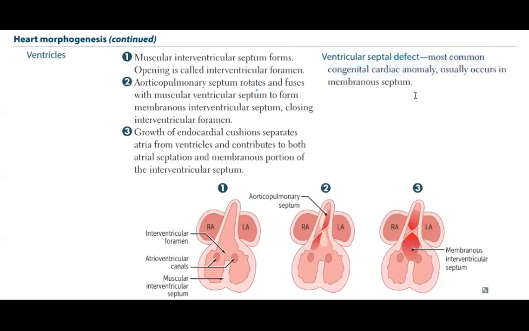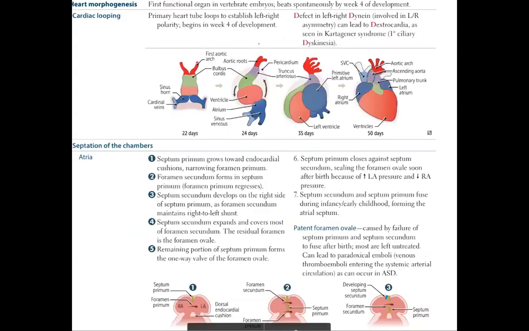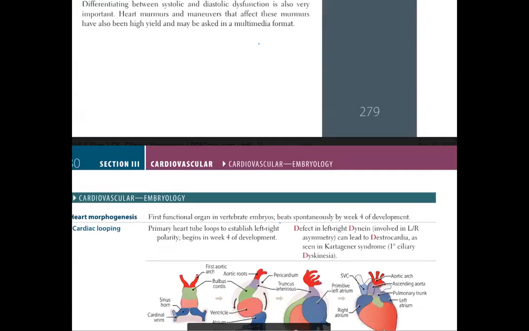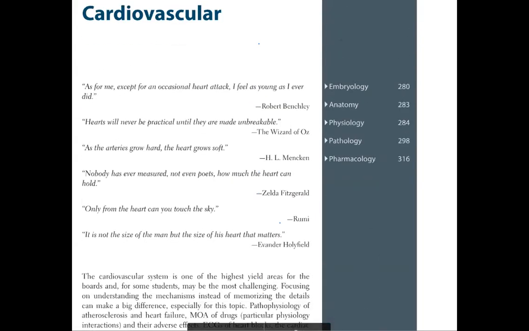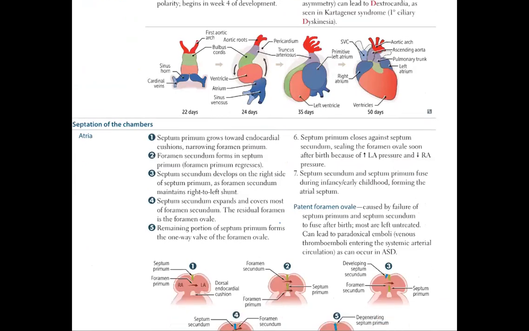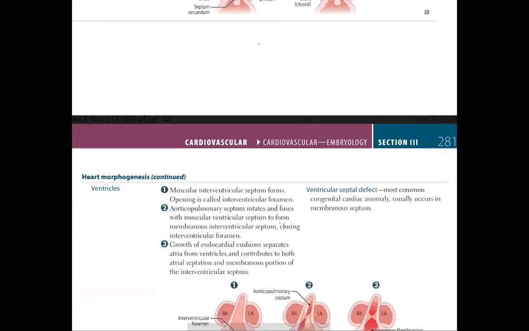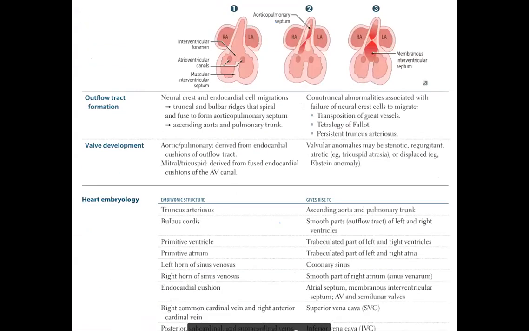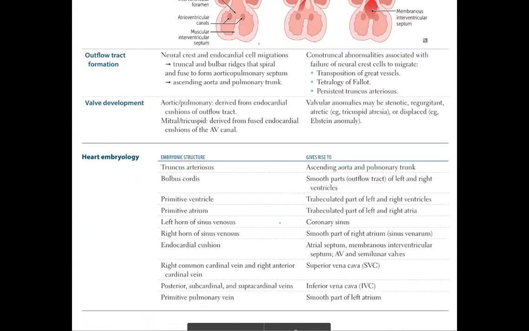So this was all. We studied cardiac looping, septation of the chambers, atria and ventricle, in more detail than First Aid. Outflow tract obstruction, now you understand.